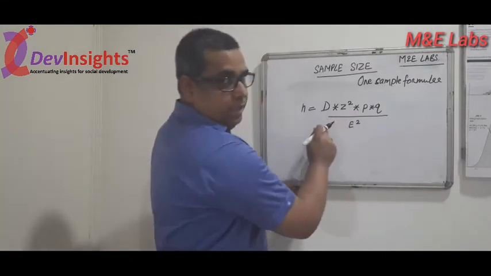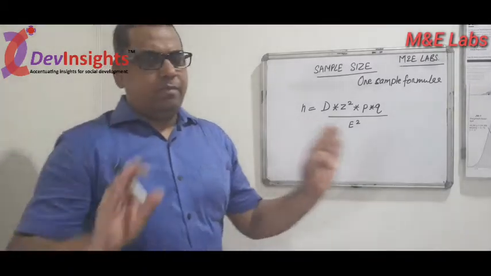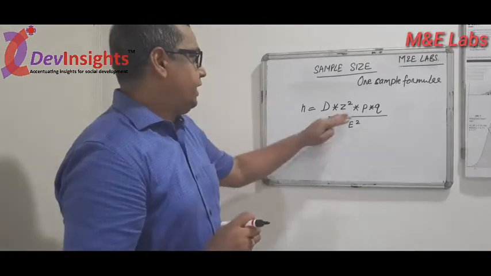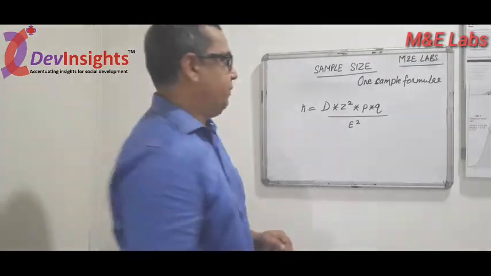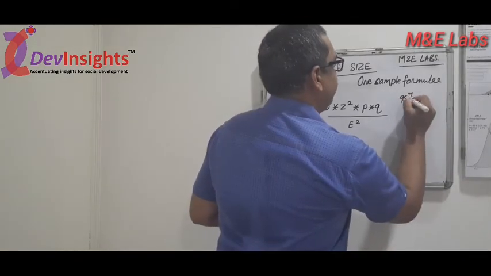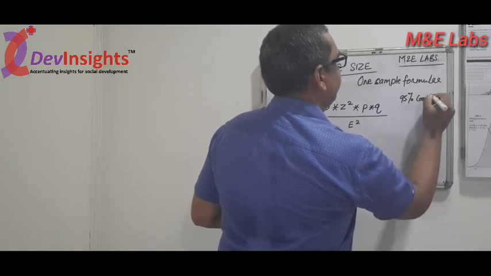We'll discuss D later on. Let's look at the simpler thing. To calculate the sample size, we have to first decide what is my confidence level. Mostly in social research methods, we go by 95% confidence, right?